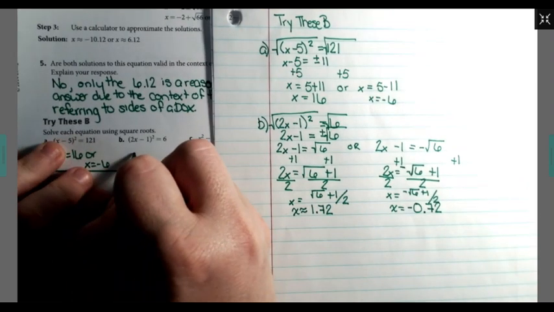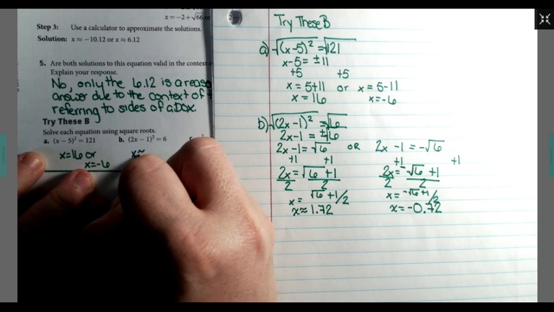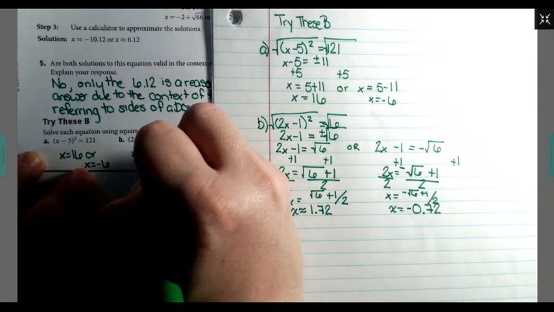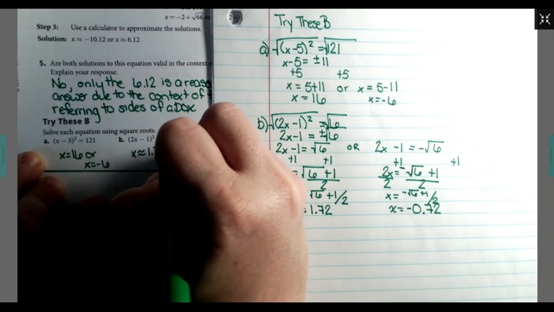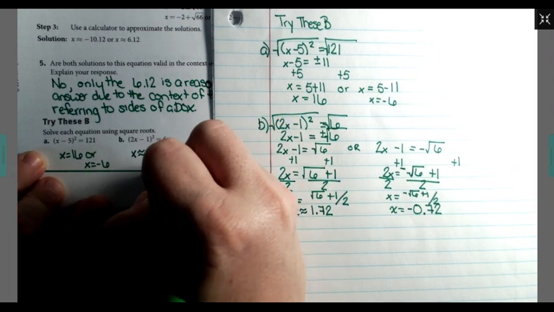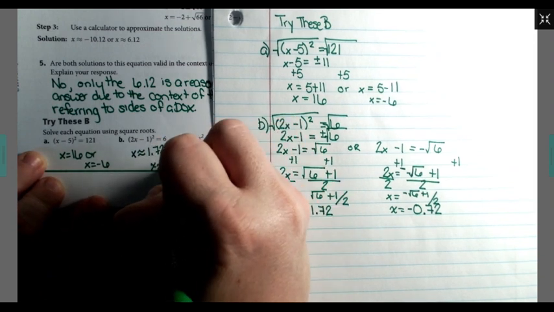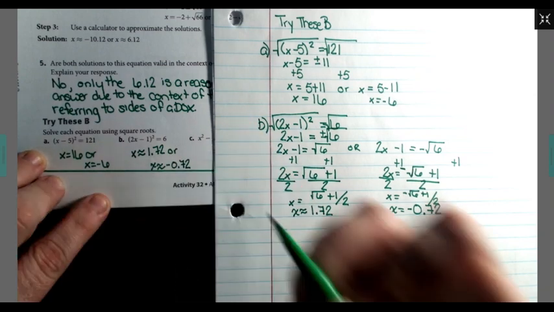So x is approximately 1.72, or x is approximately negative 0.72.